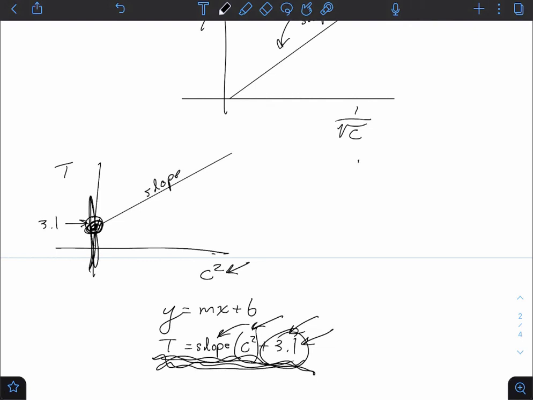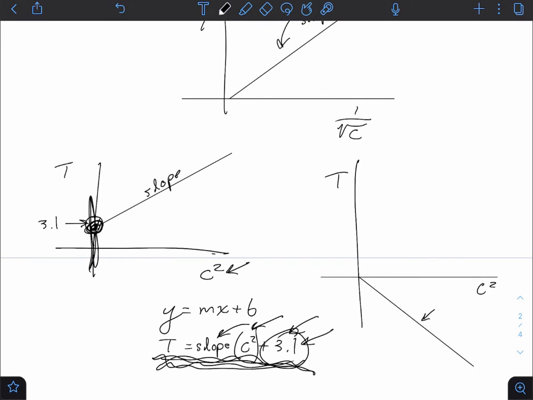Now, the final graph I haven't discussed, and this can apply to any of your linear graphs, but let's say you get a downward graph. Well, that's just a negative relationship. So let's say you graph t versus c squared, and you get this negative graph.